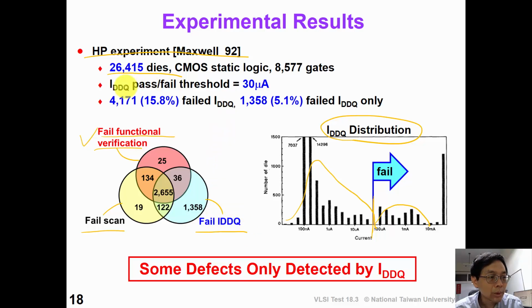We can see that there are about 4,000 chips that failed IDDQ testing, out of which 1.3 thousand chips fail only IDDQ and they pass the functional test and the scan test. So we can see that there are some defects that are only detected by IDDQ. They cannot be detected by other test methods.